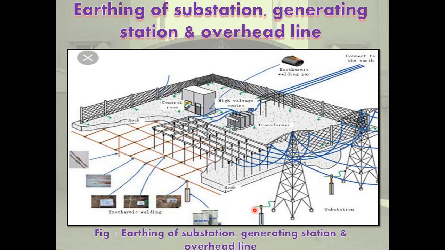Pre-closing resistors are in parallel with the main breaker contact pairs. While closing the circuit, the pre-closing resistors close first, thereby the switching surges on closing a transmission line are reduced in magnitude.